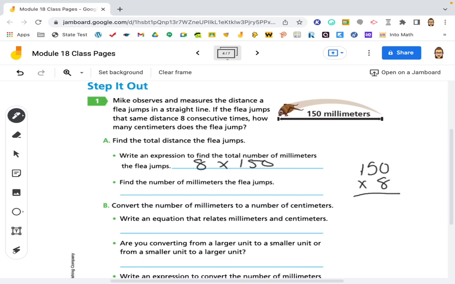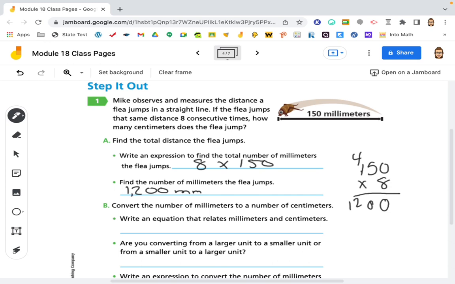We're going to do 8 times 0 is 0. 8 times 5 is 40. 8 times 1 is 8 plus 4 is 12. So we get 1200 millimeters.